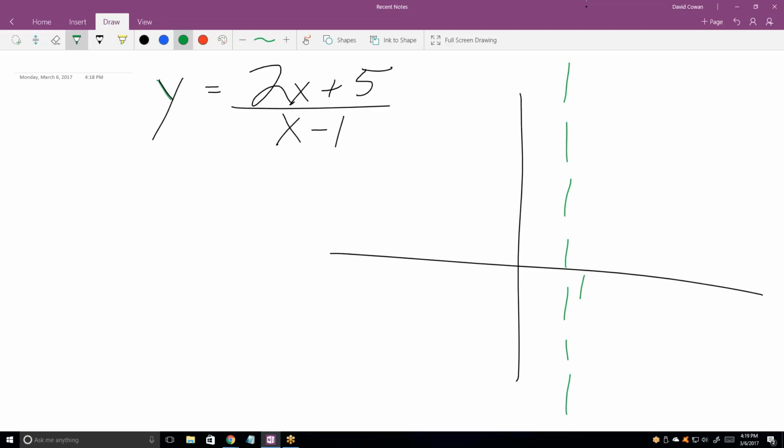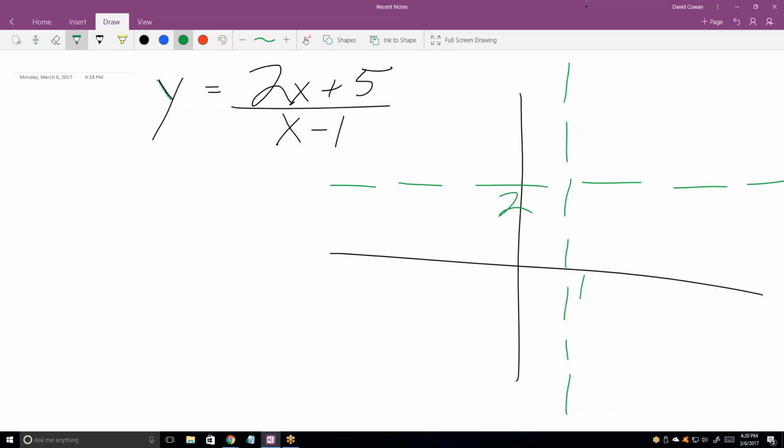Okay. Now the horizontal asymptote's a little tougher. Do you know what it is here? Is it 2? Yeah. Because it's the ratio of the coefficients.